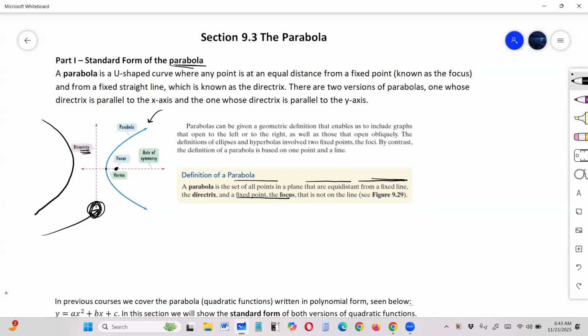All right, so the distance would be, for example, this would be one distance, this would be another distance, and so on. So all of these points on the blue line, on the parabola, satisfy those two criteria. Okay, so this is what a parabola is.